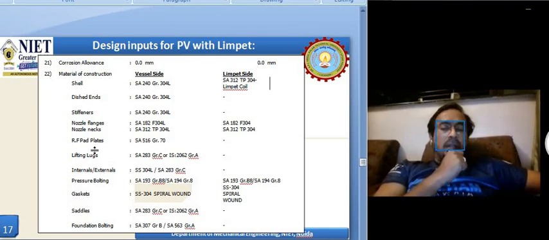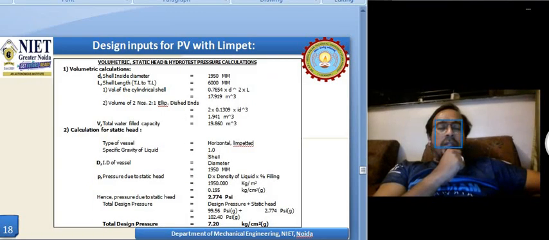And the gasket is obviously an SS304 spiral wound type of gasket. The saddle is at the base of the pressure vessel, and the foundation bolts are also of the same category. It is stainless steel material which is being used for the entire pressure vessel fabrication, right? It is because of the nature of the fluid for which it has been designed.